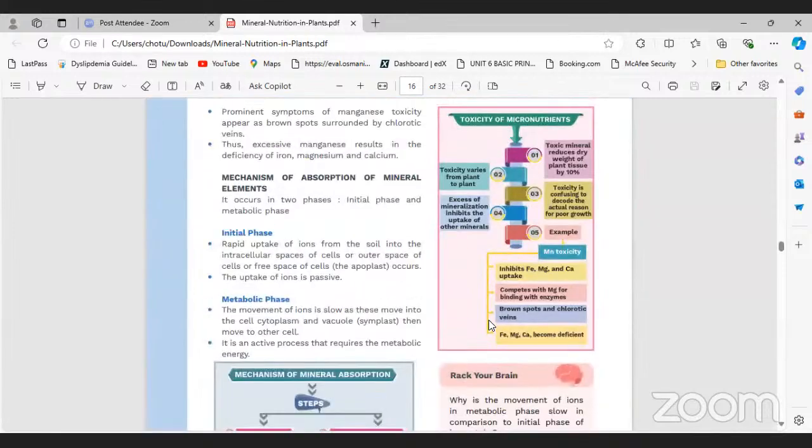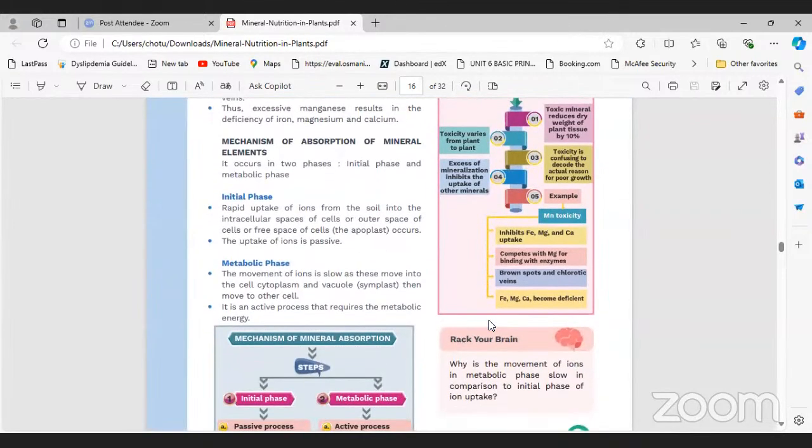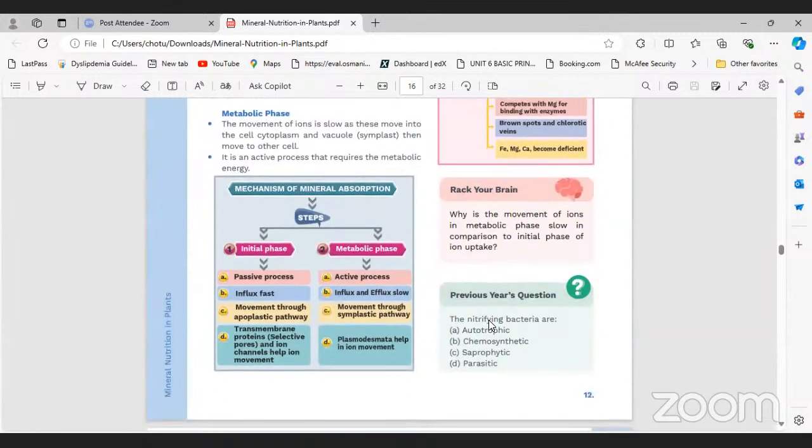Okay, this is the mechanism of absorption: initial phase and metabolic phase. The initial phase is a passive process. The metabolic phase is an active process. This one is influx, and this one is influx and efflux slows. Next, movement through the apoplastic pathway and movement through the symplastic pathway.